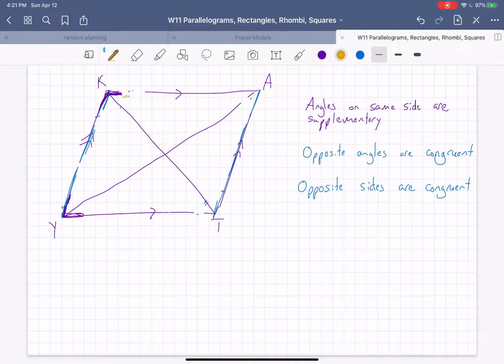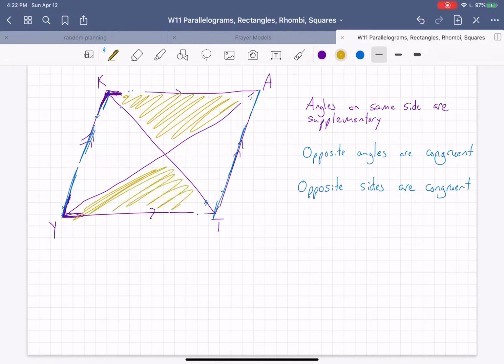So what we can say is these 2 yellow triangles are congruent to each other, which would mean this side is congruent to this side. This part of our diagonal is congruent to the other half of it. So we can also say that diagonals bisect each other.